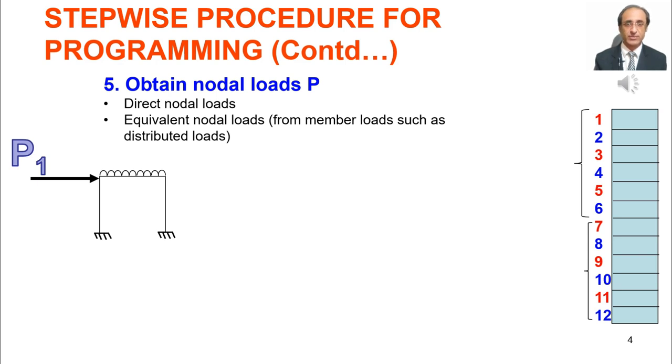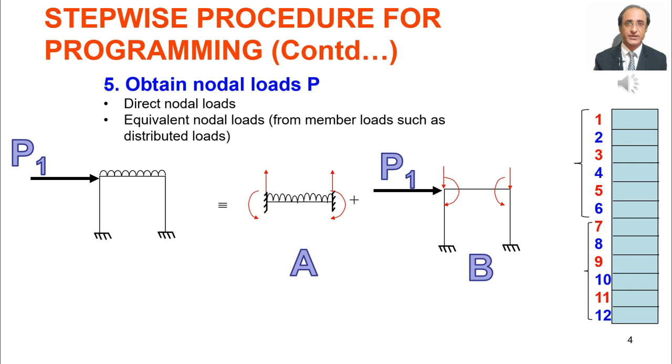To do that, we consider two systems, A and B. First of all, we lock all degrees of freedom of the structure, and then we get all the fixed ended forces. This is structure A. Now the structure has been disturbed, it has been changed.